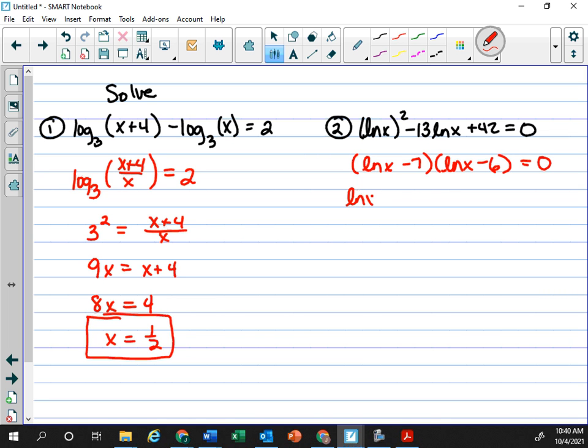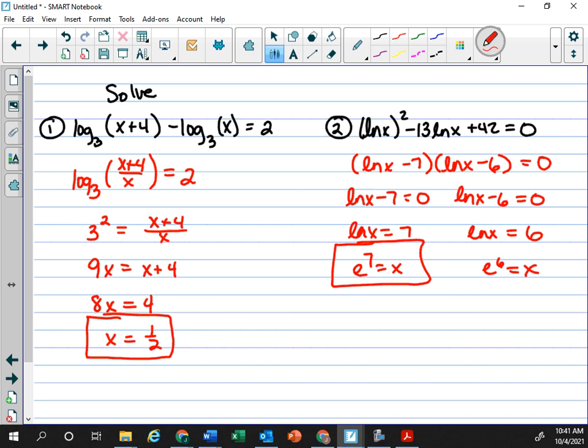And then I'm just setting each one of these factors equal to 0. And then rewriting it as an exponential, I get e to the 7th and e to the 6th. Those should both be fine. They are both positive values. When I plug them in, they look good.